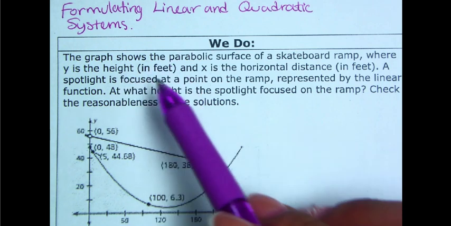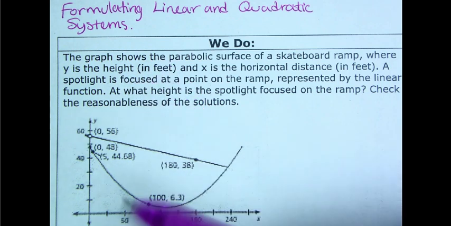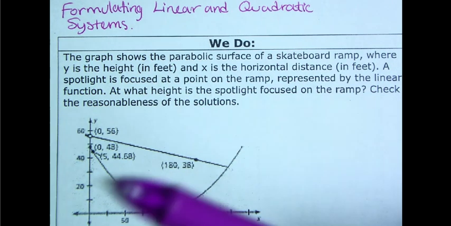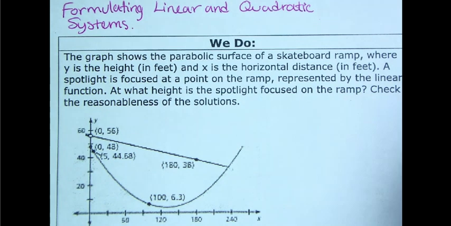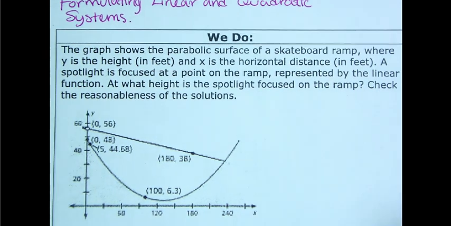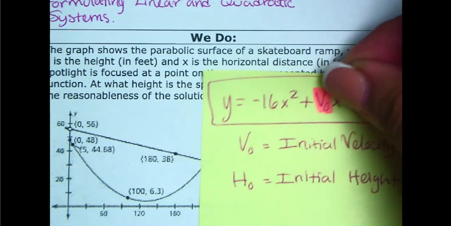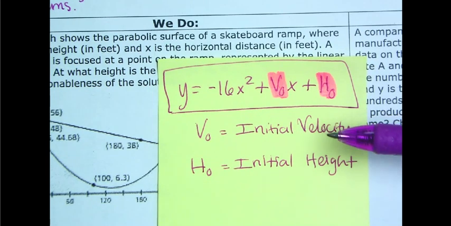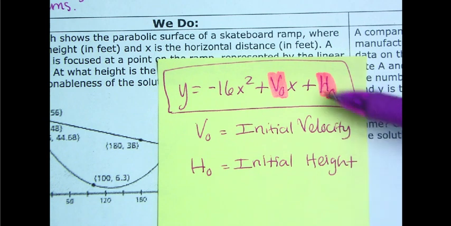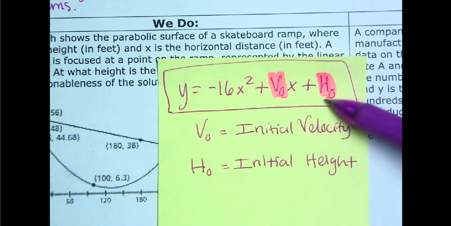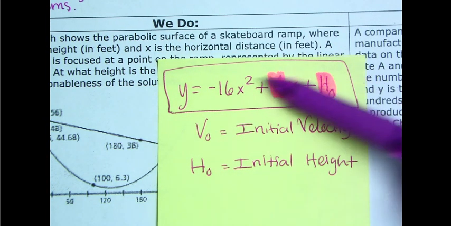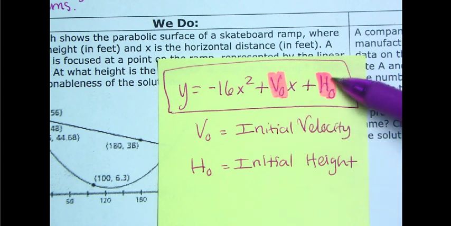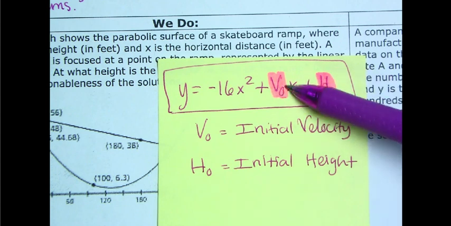Whenever that problem arises, you need to ask yourself if you are given just data or two key pieces of information. If you happen to be given the initial velocity and the initial height, you can automatically use the equation in quadratics where you just replace the v0 and the h0 with the numbers they give you.